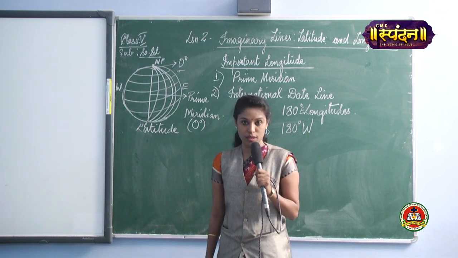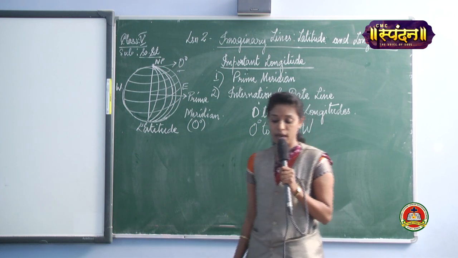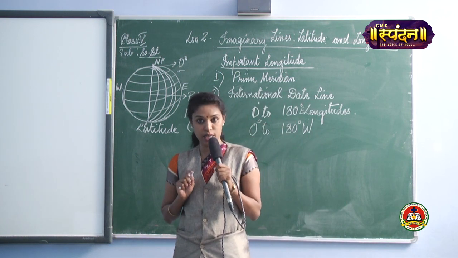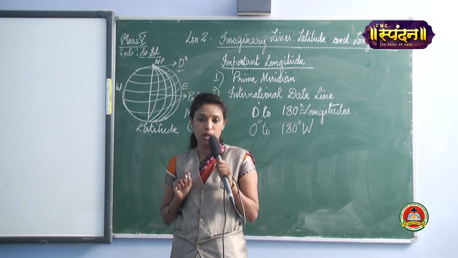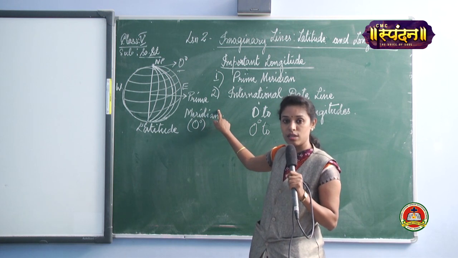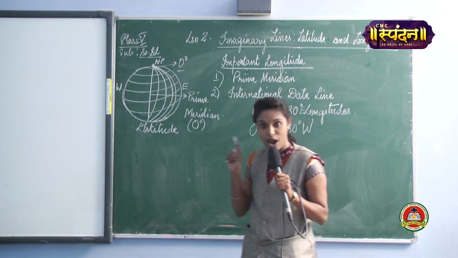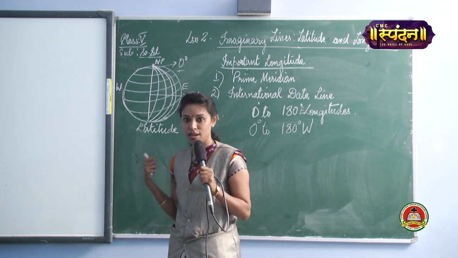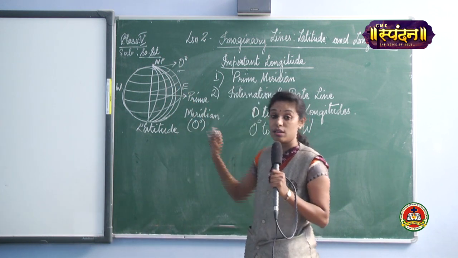Your prime meridian is an imaginary line that passes through the Royal Observatory at Greenwich near London. So again, prime meridian is an imaginary line that passes through Greenwich near London. This is clear?